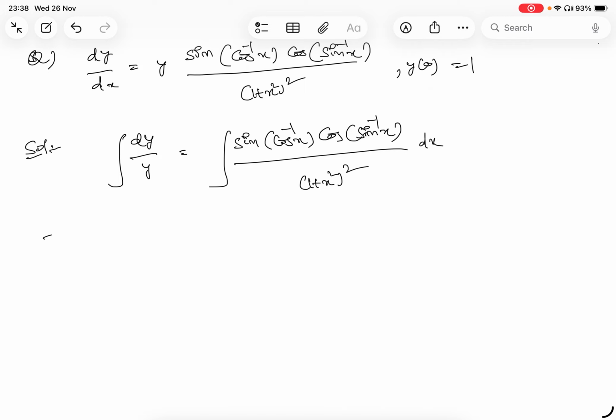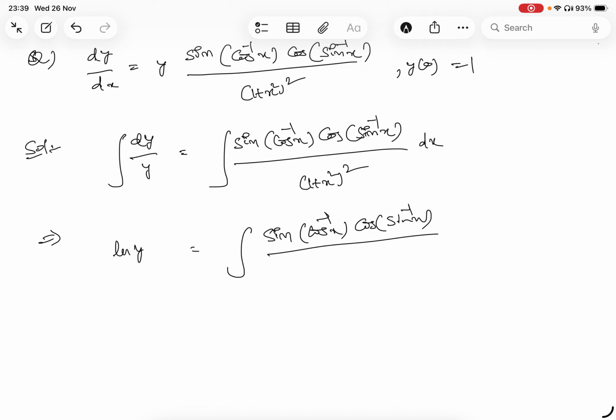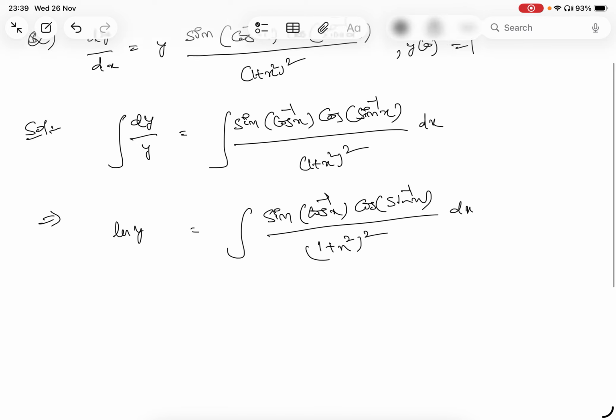Fine. That is, we are just integrating. Now integral dy by y is ln y is equal to this total function, sine of cos inverse x cos of sine inverse x by (1 plus x square) whole square dx.